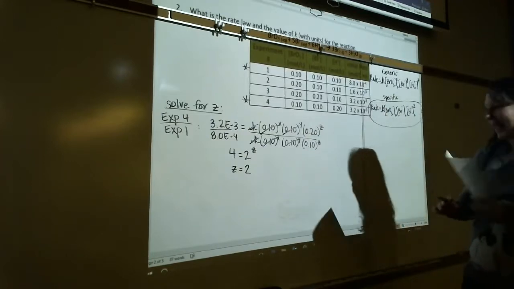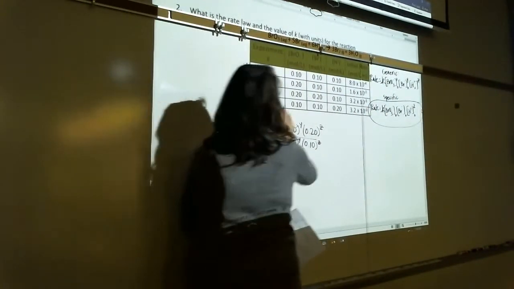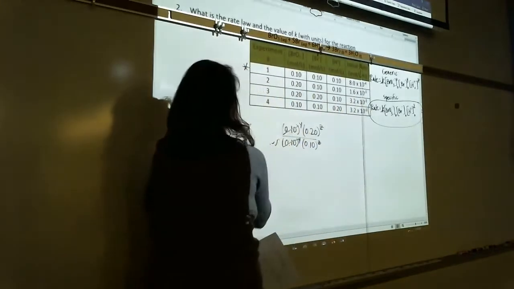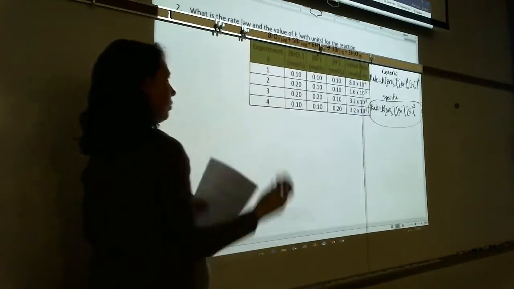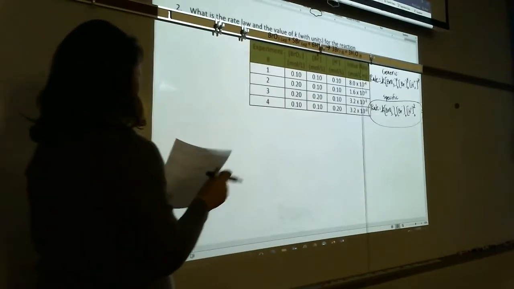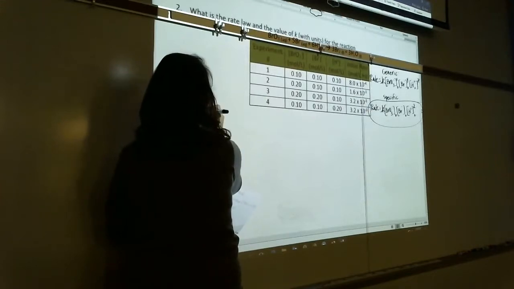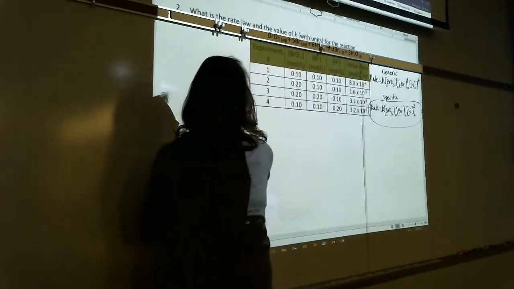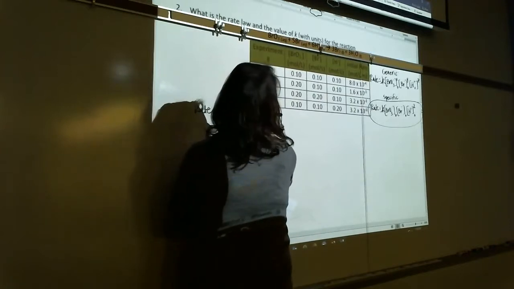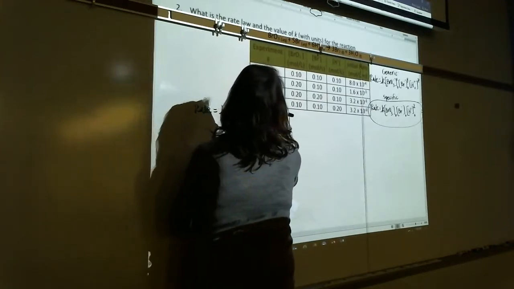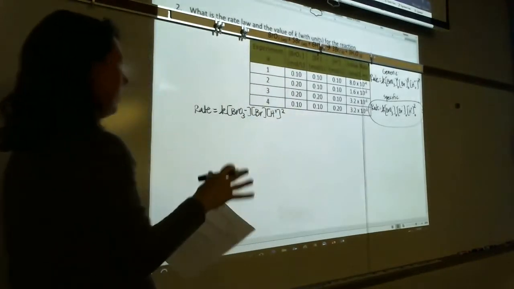Now we have to solve for k. And to solve for k, we can plug our values from the data table from any one of those trials into our rate law. I just picked trial 1, Steve's first. So let's solve for k. So if rate equals k, BrO3 minus, Br minus, H plus squared, plug in everything in.